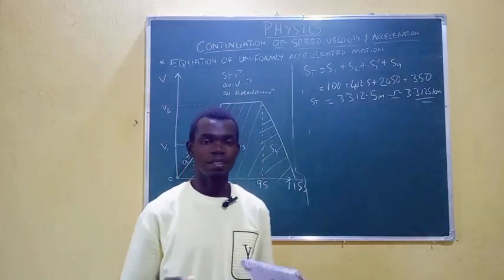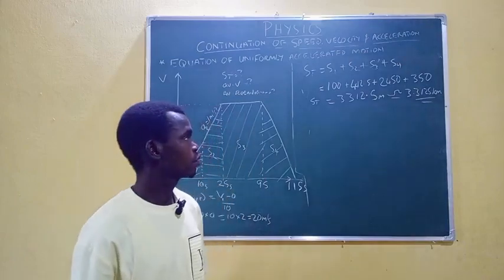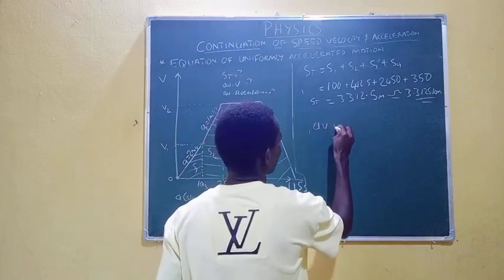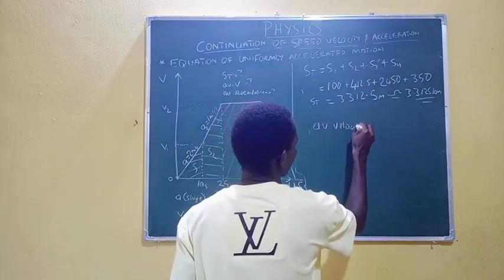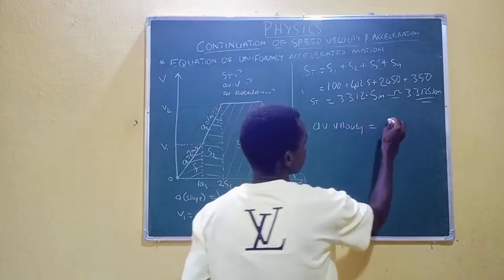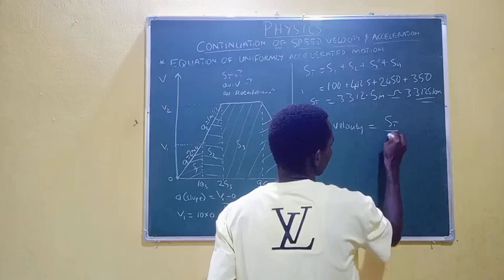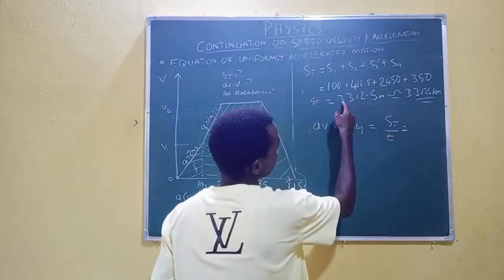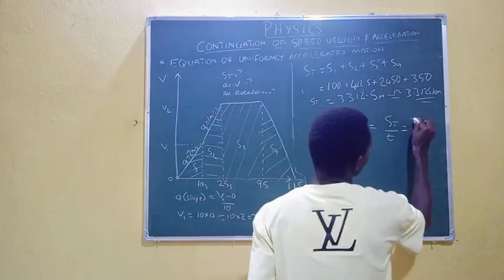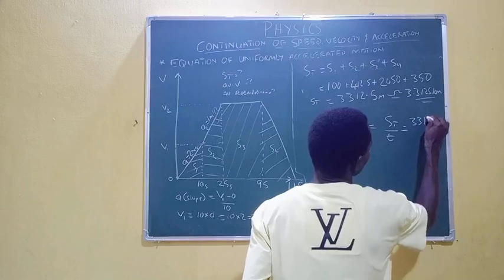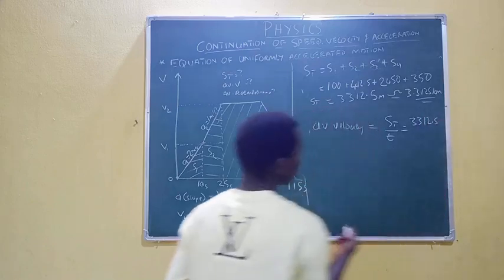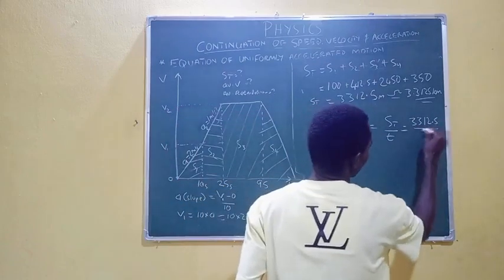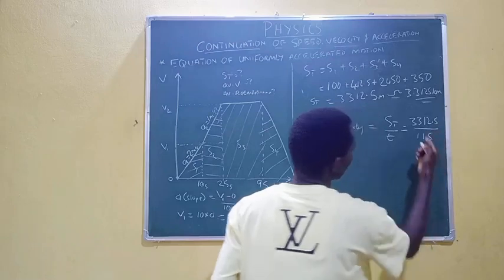Find average velocity. Average velocity is the total distance traveled per unit time. We have average velocity is equal to the total distance traveled over time, which is 3312.5 over the total time taken, 115.